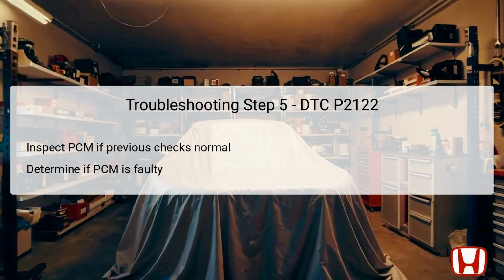Testing its performance can be intricate, and if found defective, it may require reprogramming or outright replacement, depending on the specific testing protocols from the factory service manual. Steps may involve advanced diagnostics to ensure the PCM functions as intended in relaying accurate data to the engine system. Establishing whether the PCM is faulty is pivotal for restoring optimal vehicle performance.